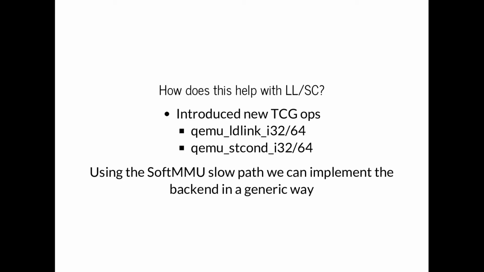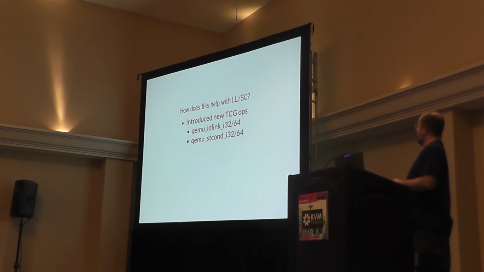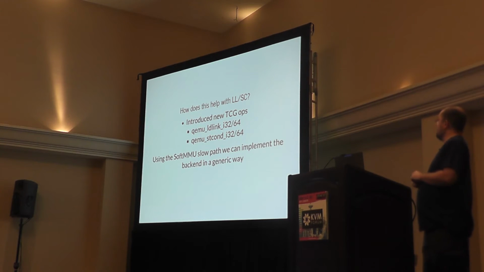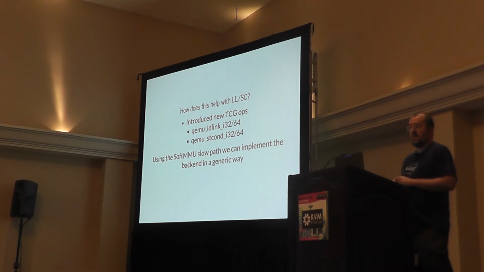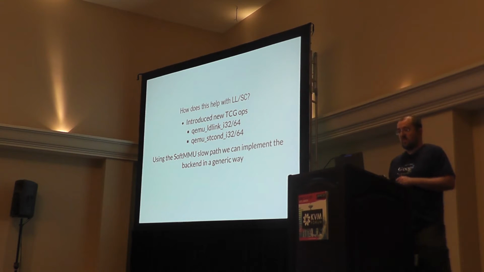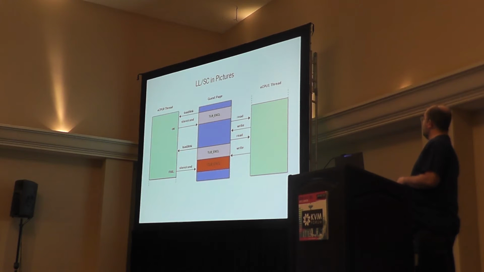So how does this help with load-link and store-conditional? We've already introduced our front-end TCG ops. Using the soft MMU slow path, we can then implement the back end for these operations in a fairly generic way. We do this by introducing a new TLB flag.